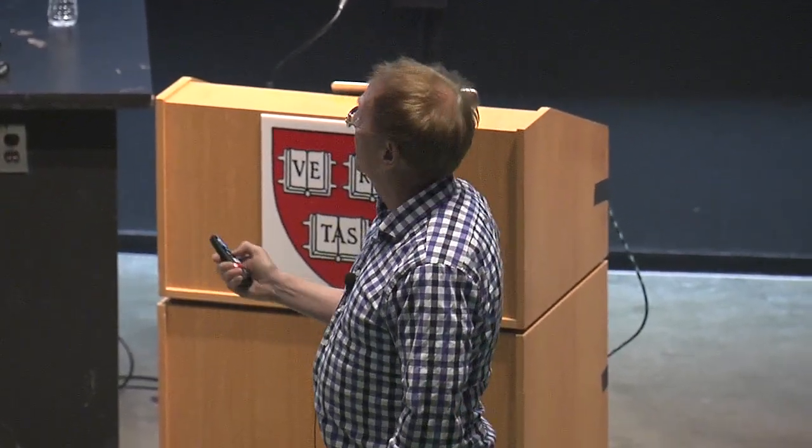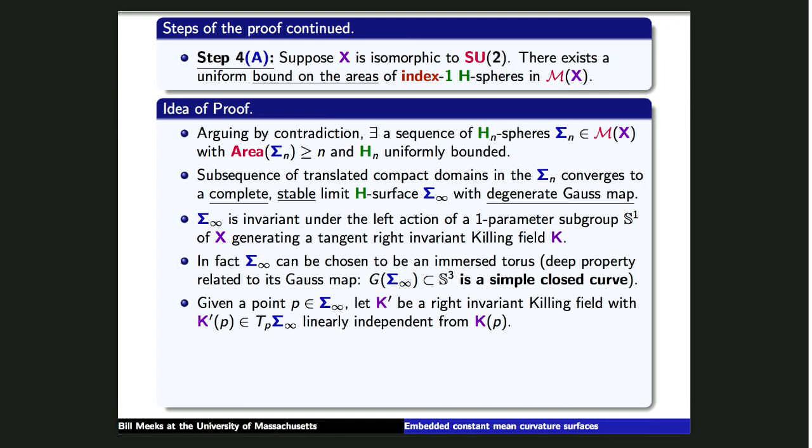And it's stable. So now it's not hard to show that that's a contradiction. You take any point on it, you look at another right invariant vector field. Remember, we have a right invariant vector field that's tangent to it. That's k. This is another one. So I pick, in a different direction in the tangent space of that point, another right invariant vector field.